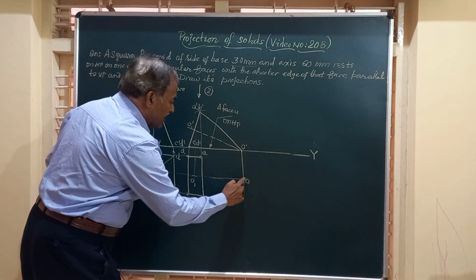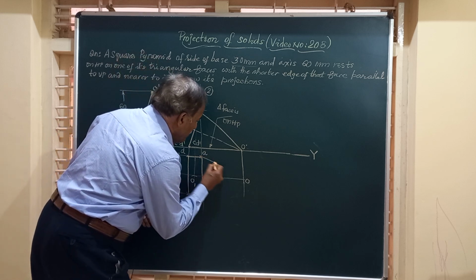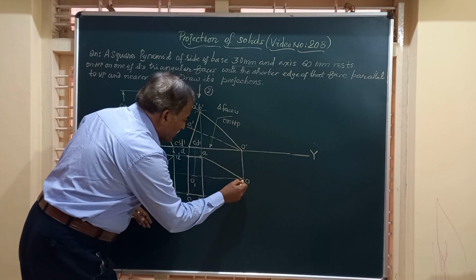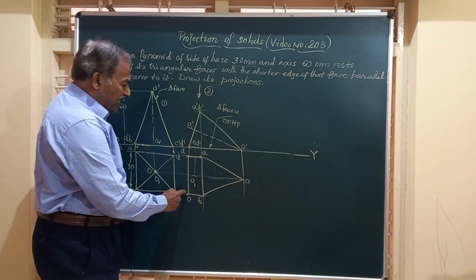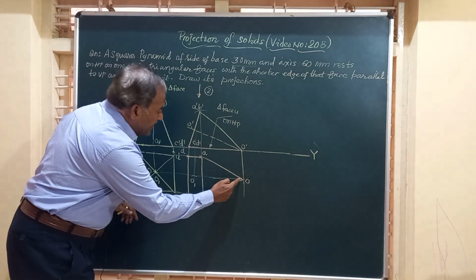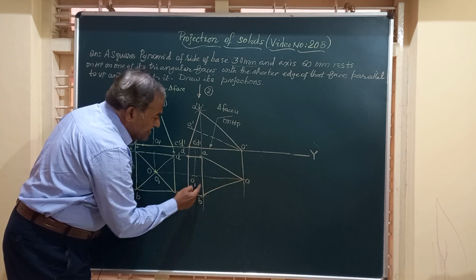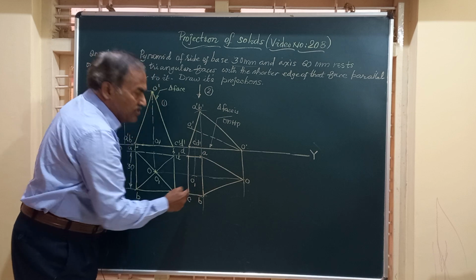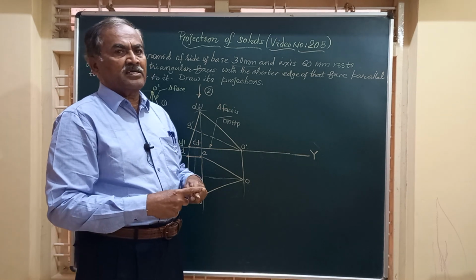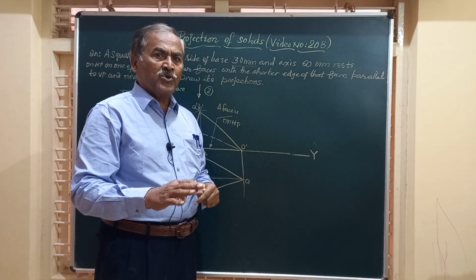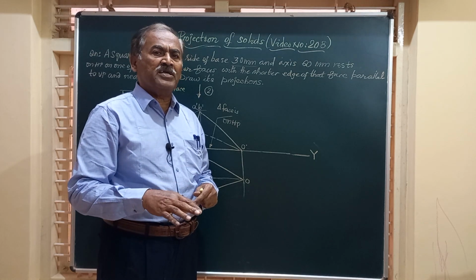Friend, always the borders are to be shown by dark line or visible line. So I am going to join O to A. Then O to B. Next, on the same lines, I have to join O to C. Friends, when you are joining O to C, this line OC is intersecting this AB. We know very well, whenever two lines intersect, if one of them is a full line or a visible line, the intersecting line should be a dotted line.